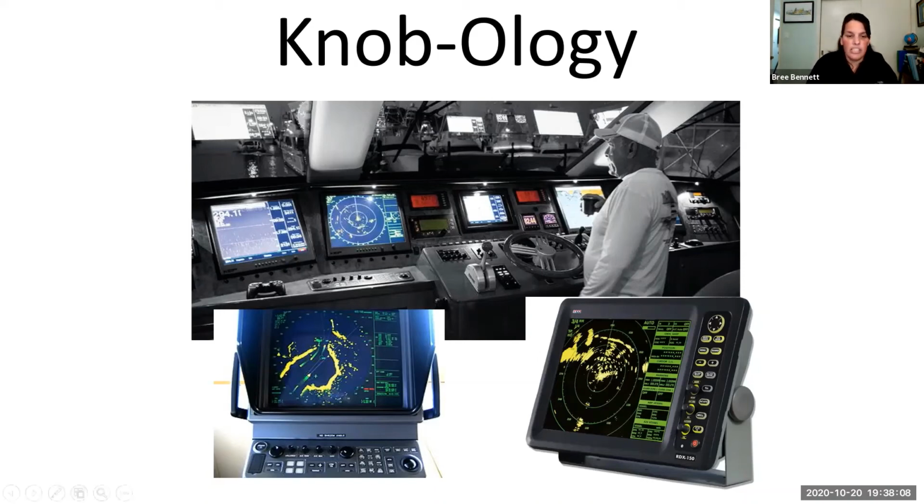So, you know, this one has almost a keyboard, and this one has like a dozen little things with some arrows. And this one has like a mouse and a clicker. So there's just so many different ways that you're going to have knobs functioning on a radar. So it's important to, whatever radar you're using, look at that operator's manual, and test out these functions. See where to change it one way or another.